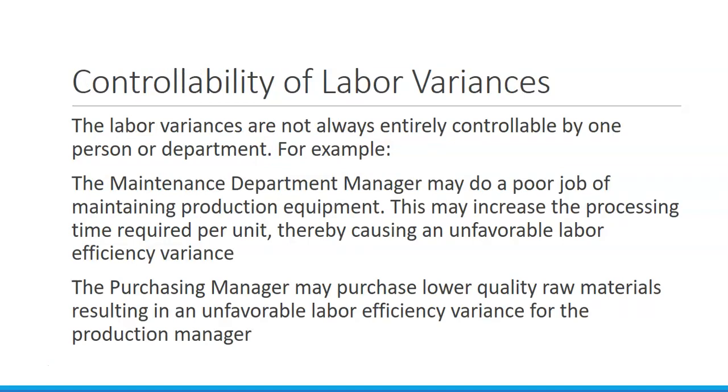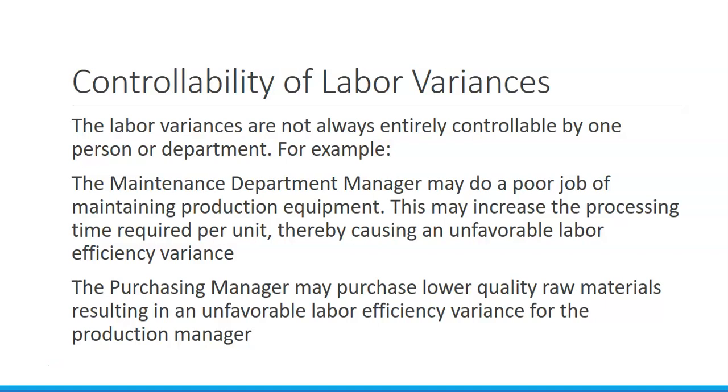Can we control the labor variances? Well, our labor variances aren't always entirely controllable by just the production manager. We also have the maintenance department manager who's responsible for maintaining our production equipment. If our production equipment breaks down a lot, then we will have an unfavorable quantity variance for labor because we're always taking extra time for broken down machines.